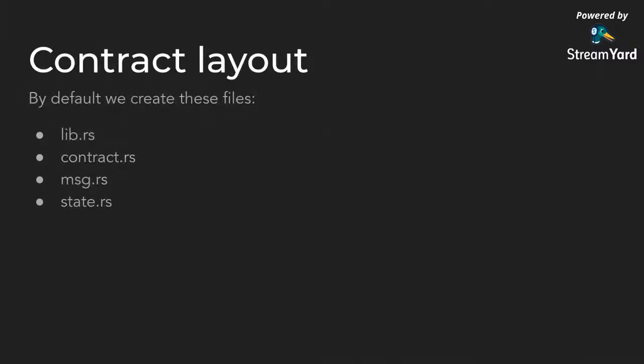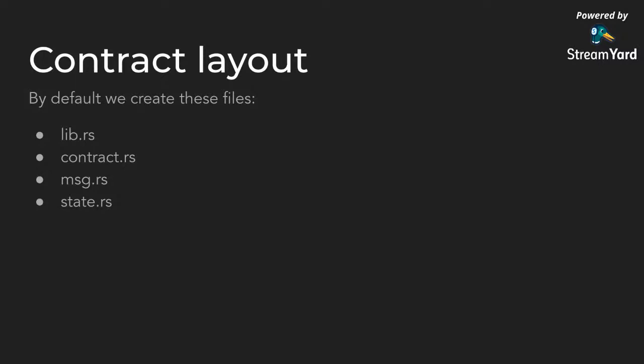When we get to the code itself, you'll see these 4 files in front of you. We're mostly going to be focusing on contract.rs. lib.rs is just a bit of boilerplate. Contract.rs will contain most of our interesting logic. Then message.rs and state.rs are just going to be smaller files that define the message formats and the storage formats that we are going to be using.